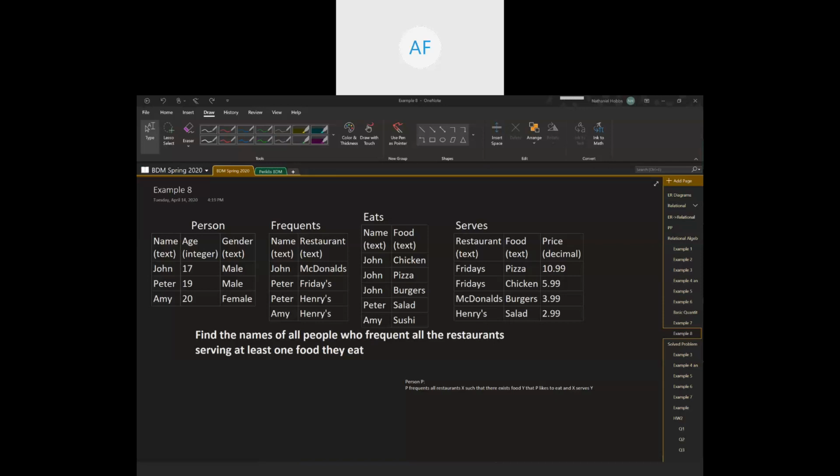So I guess the first thing is to find the restaurants that people frequent that serve at least one food that they eat. Is that the first thing we have to do? Yeah, these types of queries are the most difficult, I think.